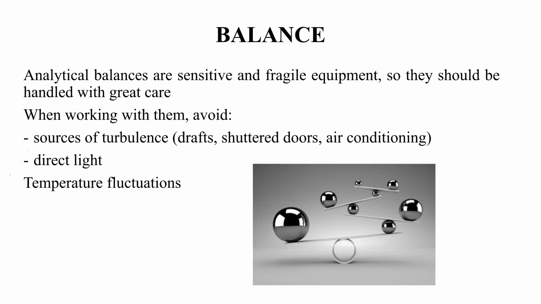Usually the electronic balance is fragile and sensitive equipment, and we should avoid turbulence, direct light, and temperature fluctuation. It's very important if you are trying to work with milligrams.